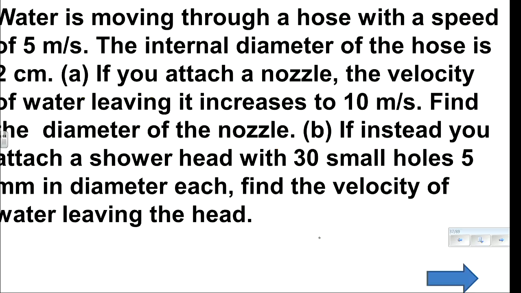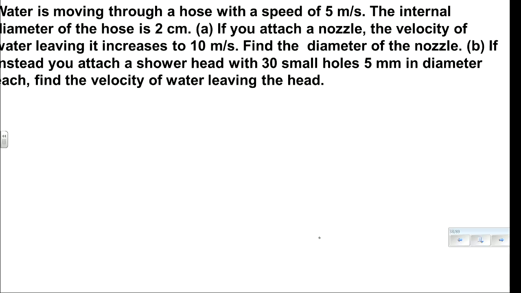Now, a hose. And two situations. We attach a nozzle or we attach a shower head. Both important, right? So, first of all, the hose has a circular area. That's important for calculating area.